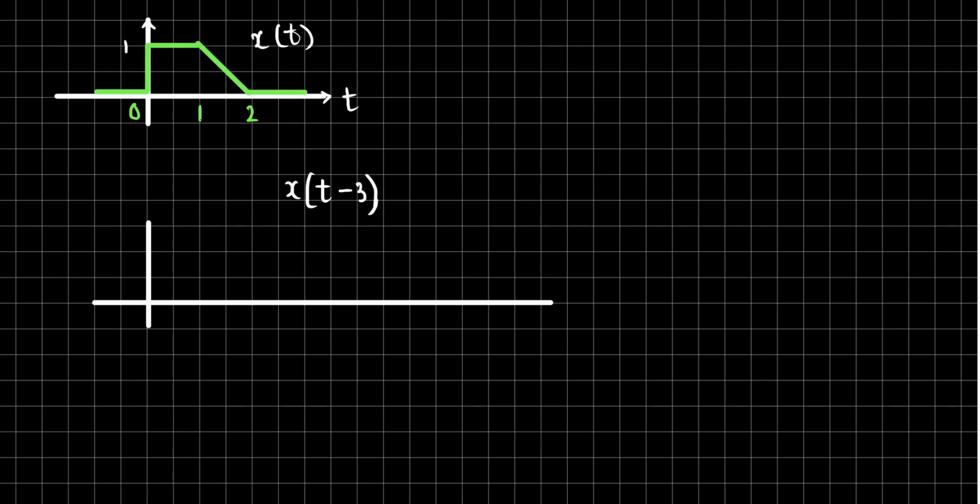So 3 would come somewhere here, and the remaining remains the same. 1 here, it will be 3, 4 and 5, and this would be the amplitude 1, this being t. What is this? The shifted signal. So let me try it, shifting first.